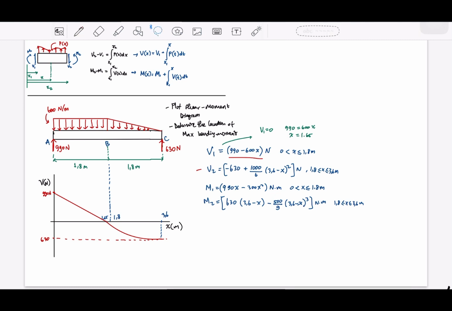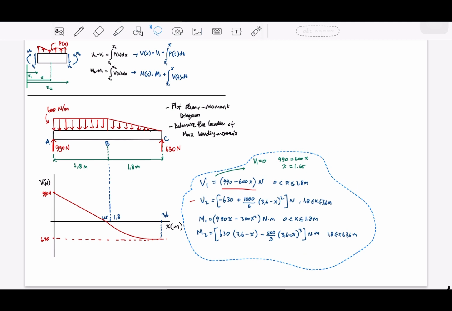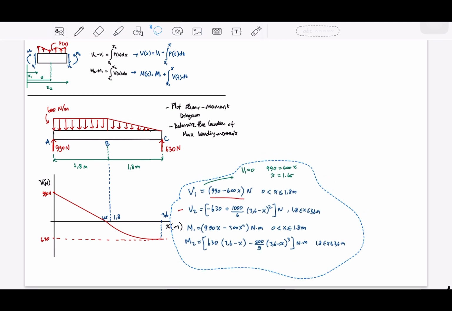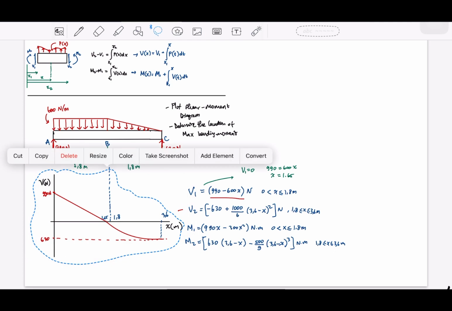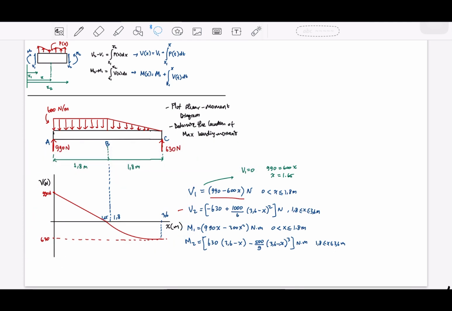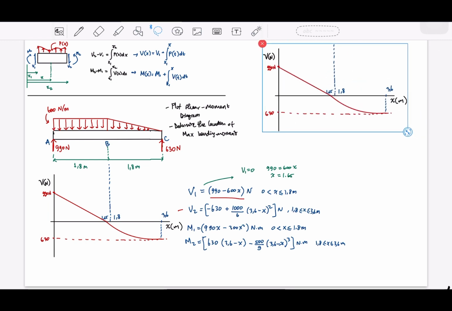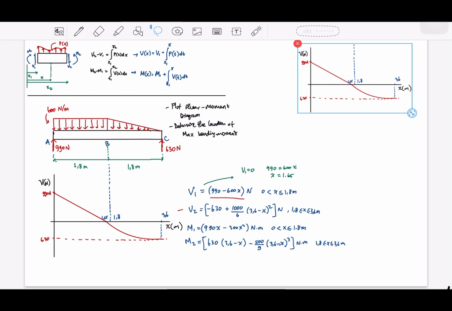Okay, let me put this a little bit down here. I will put this V and then copy and make it here, and make it a little bit smaller.